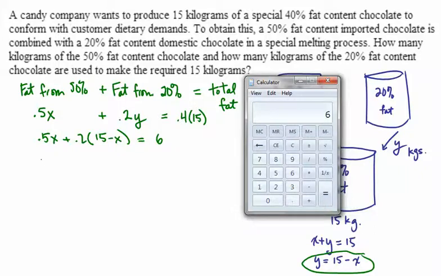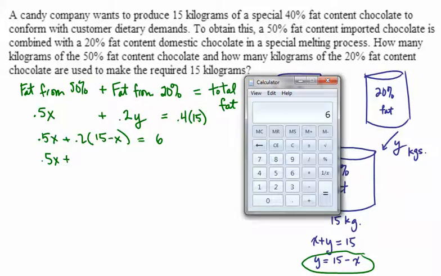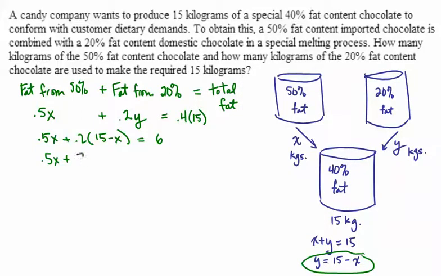Anyway, so we're going to multiply out, and we get 0.5X. Now we'll use our calculator to do 0.2 times 15, and we get 3. So 0.2 times 15 is 3. 0.2 times negative X is negative 0.2X, and that has to equal 6.